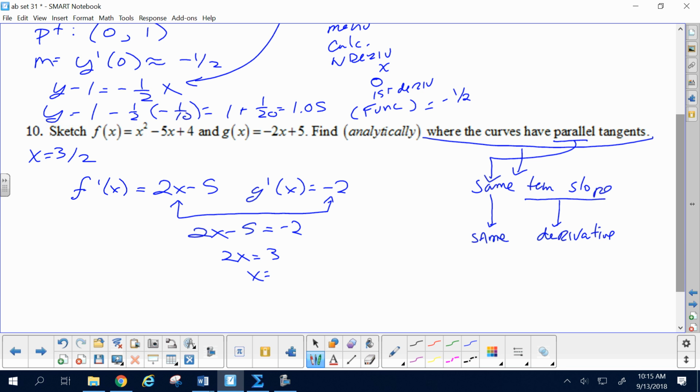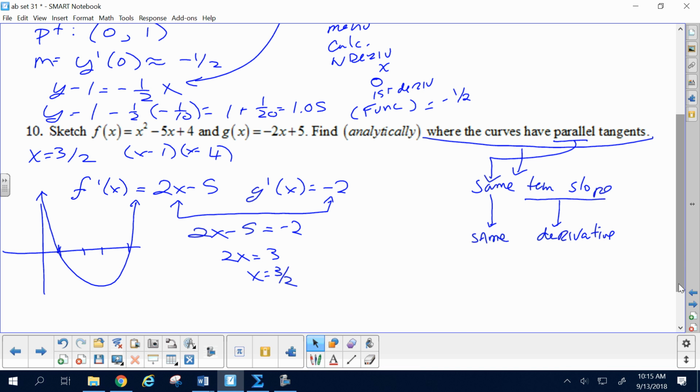Now what's going on here visually, the reason I had you graph this, is if you were to graph this, it's x minus 1 times x minus 4, which has roots at 1 and 4, it looks like this. The other graph is a downward sloping line, it looks like this.